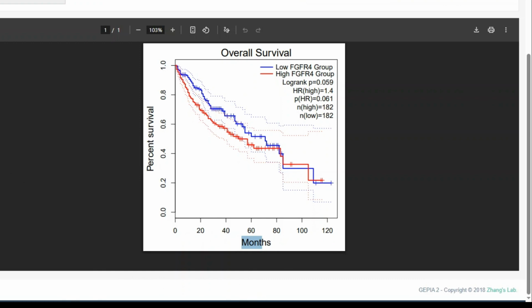And the y-axis, on the other hand, is the probability of survival, how many patients, what percent of patients survived, or the probability of survival. Each step downward in the curve represents a patient event, typically a death or relapse.